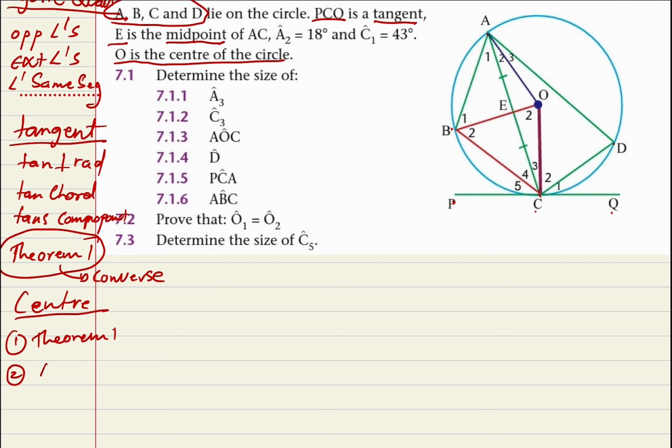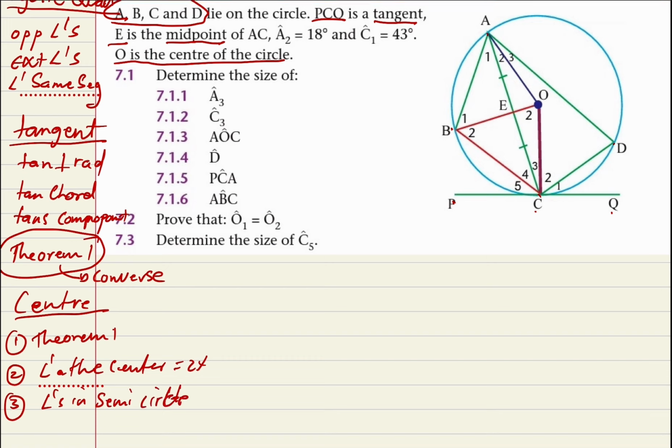Theorem number 2 says angle at the center is equal to 2 times angle at the circumference. Number 3, we have angles in the semicircle.